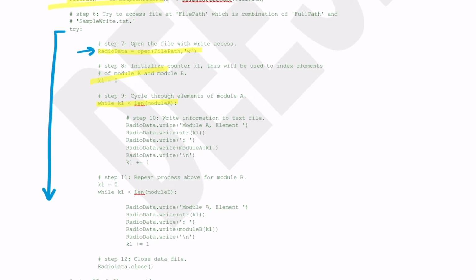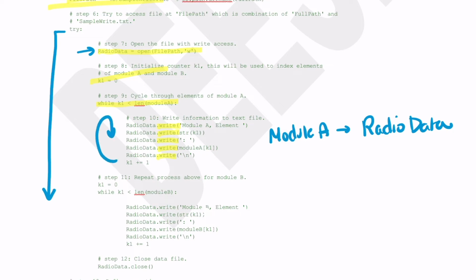And we are going to use the write command in order to transfer that information from the module A array to the radio data object. So we transfer the information, we increment the counter, and do it all over again until we've reached the end of module A. Then we repeat the same process for module B.